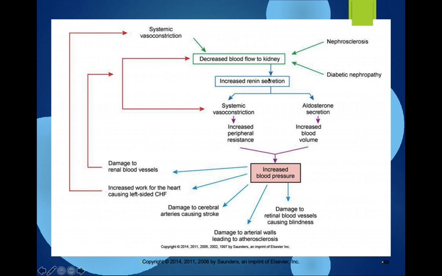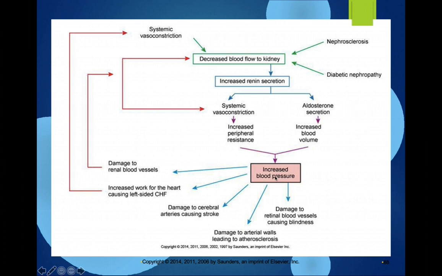Well, that will increase the renin secretion. And when you increase the renin-aldosterone system, eventually angiotensin 1 goes into angiotensin 2, and angiotensin 2 will stimulate aldosterone. So we're going to get a vasoconstriction, which increases the peripheral resistance, which will increase blood pressure. The aldosterone increases blood volume, which increases the blood pressure.